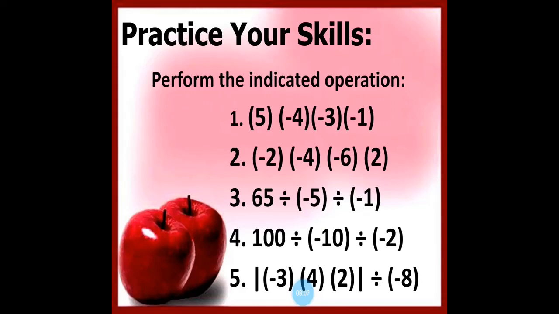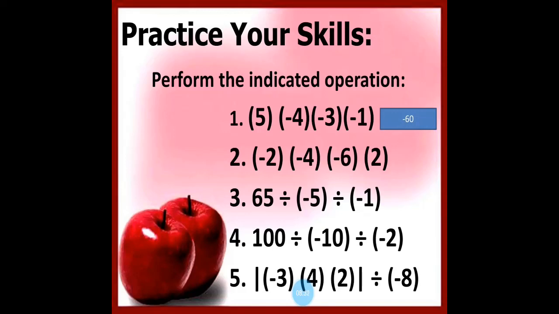If the number of negative numbers is even, then the product is positive. So number 1, how many negative numbers do we have here? 3. 3 is odd. Therefore, what will be the product? Negative. So what's 5 times negative 4 times negative 3 times negative 1? The answer is negative 60.